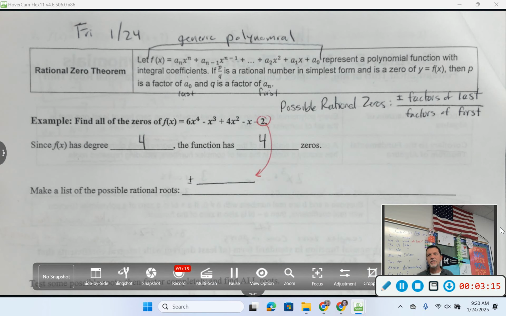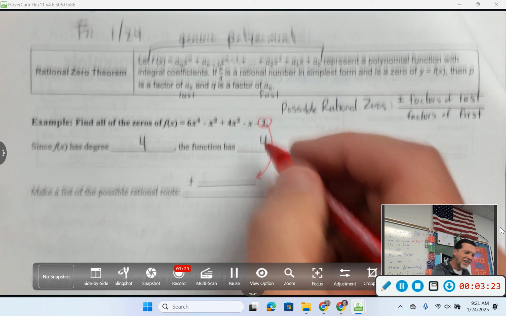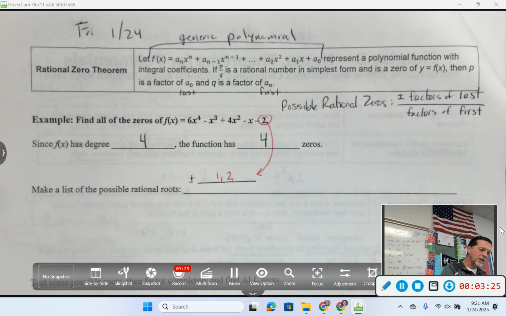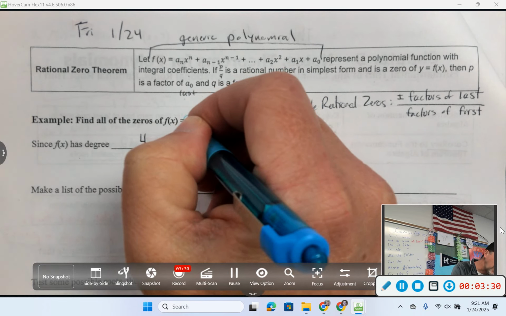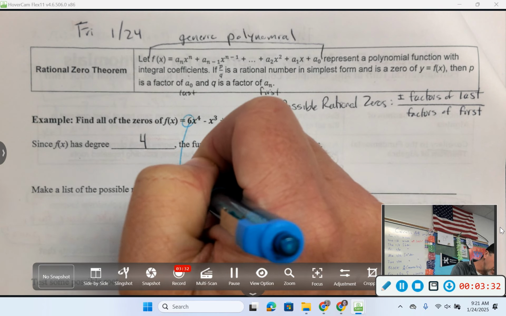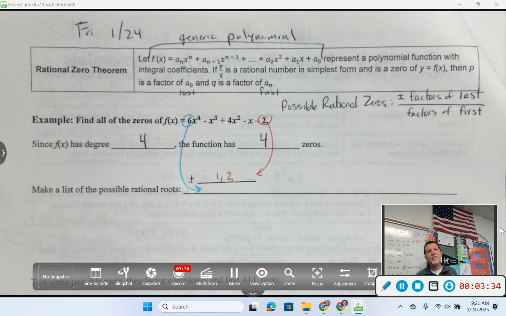So what are the factors of 2? What two numbers could I multiply to get 2? 1 and 2. So my factors of 2 are just 1 and 2. Get a few more options on factors of first. Factors of 6. I have a couple ways to write these.